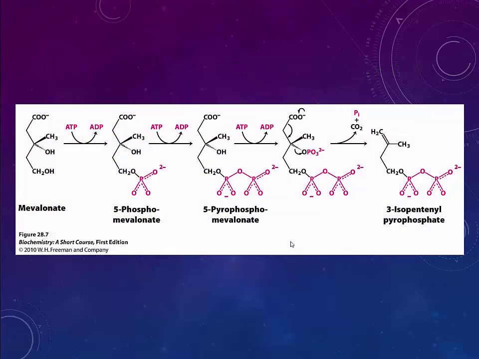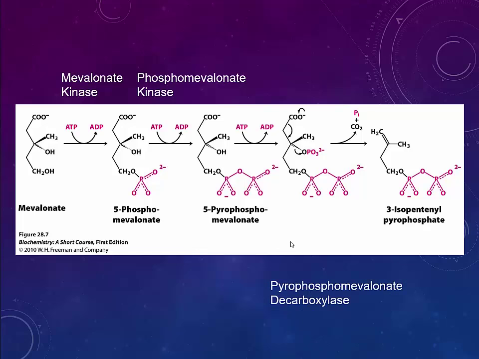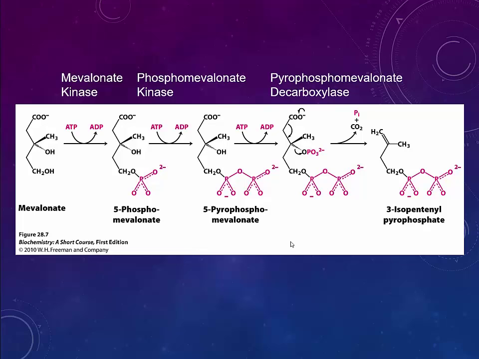So just reviewing the reaction to build the building block. We have mevalonate. We're going to spend an ATP using mevalonate kinase to make 5-phosphomevalonate. 5-phosphomevalonate using phosphomevalonate kinase gives you 5-pyrophosphomevalonate. Then we're going to use pyrophosphomevalonate decarboxylase.